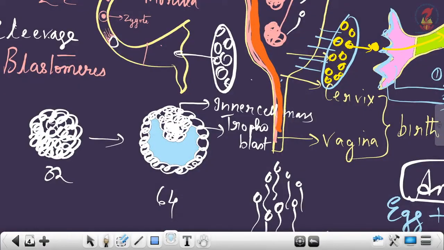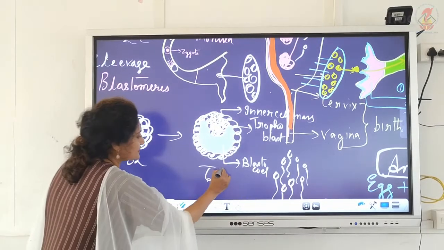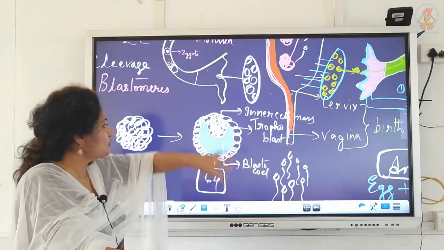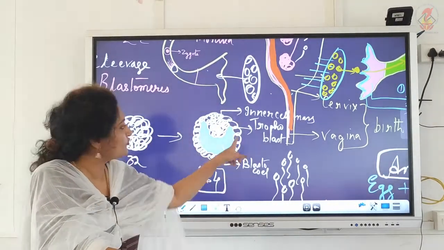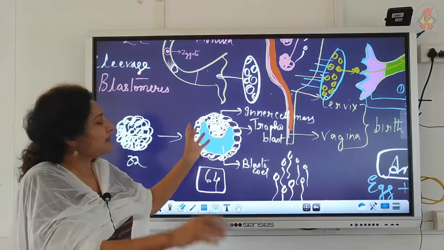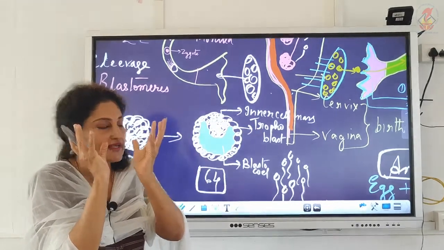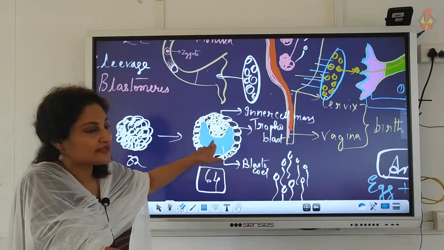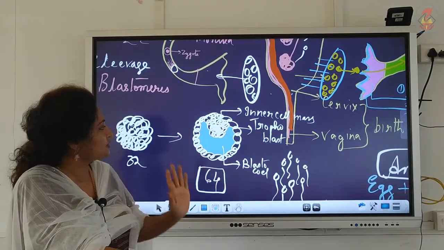This fluid-filled structure is known as the blastocele. So once again, the 3 important structures of the 64th cell stage: the blastomeres get reorganized, move towards the periphery and form the trophoblast. Then the remaining blastomeres hang at the animal pole end to form the inner cell mass, and the gap is filled with a fluid, and this fluid-filled space is known as the blastocele.